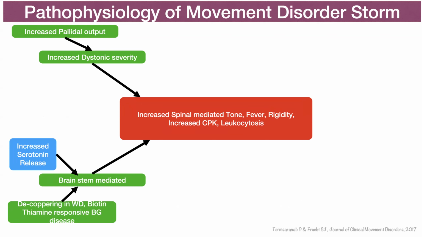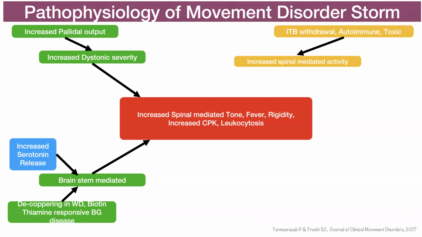Or it can also happen with metabolic changes such as decompensation in Wilson disease, or biotin thiamine responsive basal ganglia disease, where there is increased serotonin release. These chemical changes trigger brainstem mediated triggering factors leading to the end result.